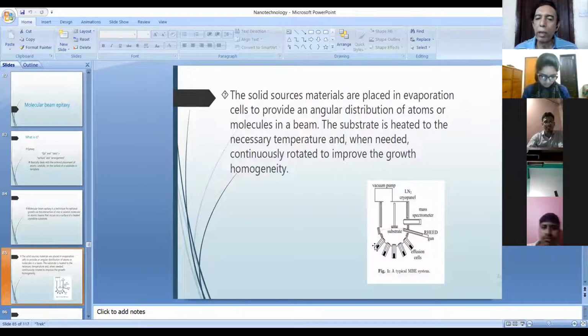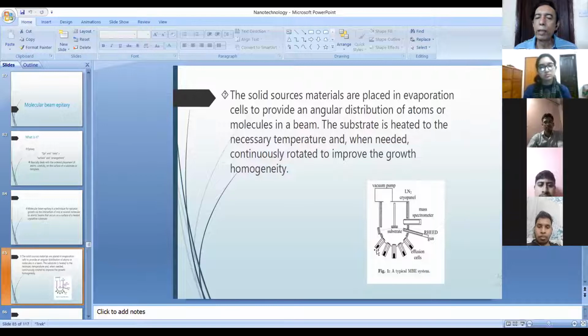You make a vapor of gallium from this effusion cell, and say, for example, you make a beam of arsenic from this effusion cell, and then this beam goes to the substrate here, and this beam also goes to the substrate here, and they interact with each other on the substrate to form gallium arsenide. This is the simple thing.